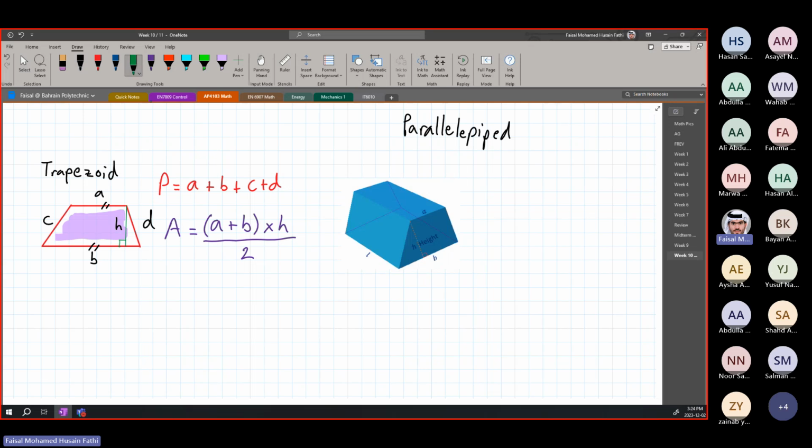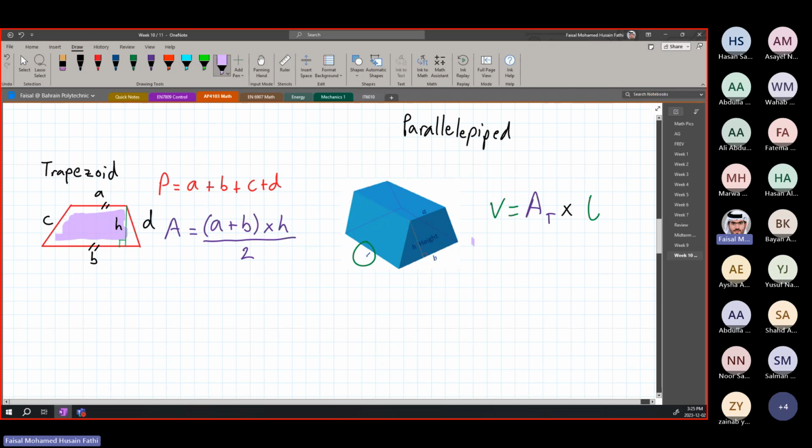The volume is simply going to be equal to the area of the trapezoid times the new length or the extended length of the trapezoid. So this is the shaded part over here. This is the trapezoid. Oh, the color does not show. Let's try green. I don't want there to be any confusion. This is the shaded part over here.